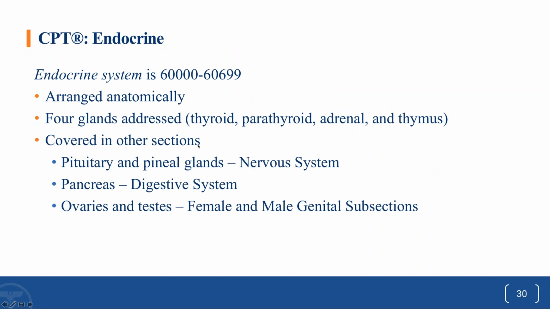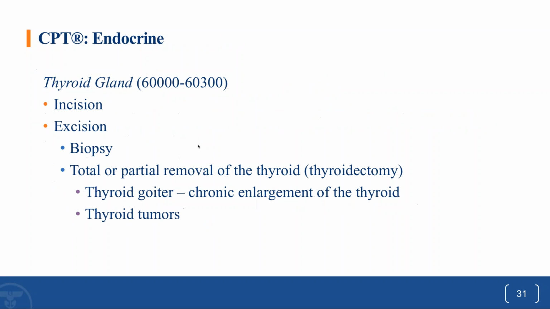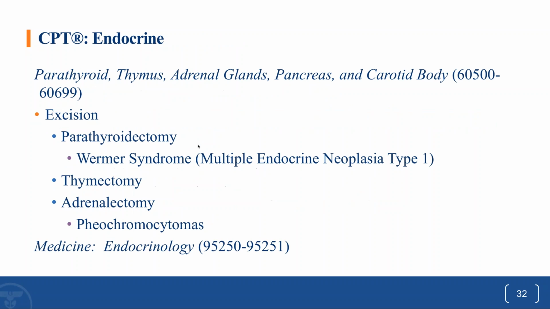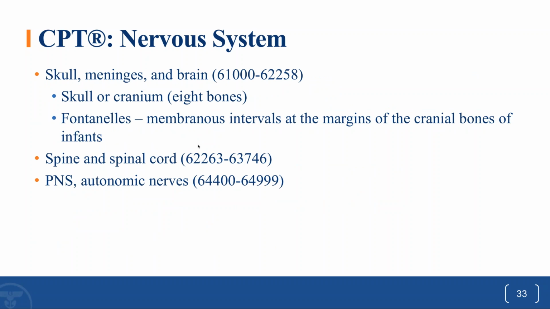Let's get to the codes. All right, we just did that one. Okay, nervous system. All right, so right now I'm looking at page 367. Just like your previous chapters, I'm going to repeat myself.